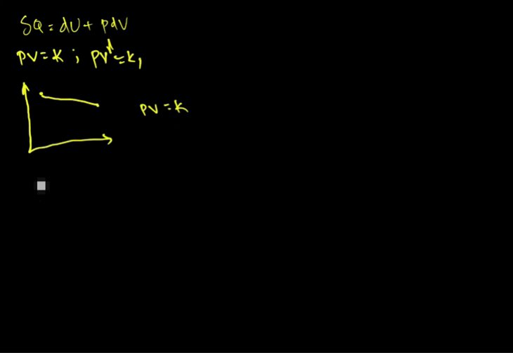Now if you consider the slope of this curve, which is equal to dP by dV, from this equation PV is equal to K, we can obtain the expression for dP by dV.